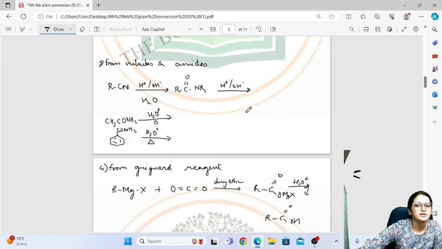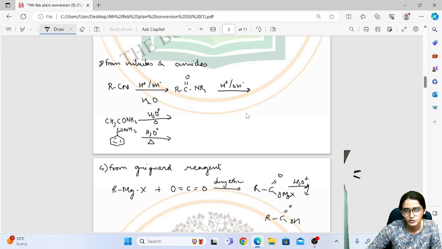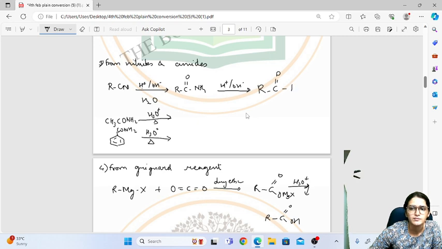Next preparation is from nitriles and amides. Okay, so nitriles are converted to amides by using any one alkaline or acidic medium, okay, H plus or OH minus ion, and then amide is again converted to the respective carboxylic acid using the same medium.